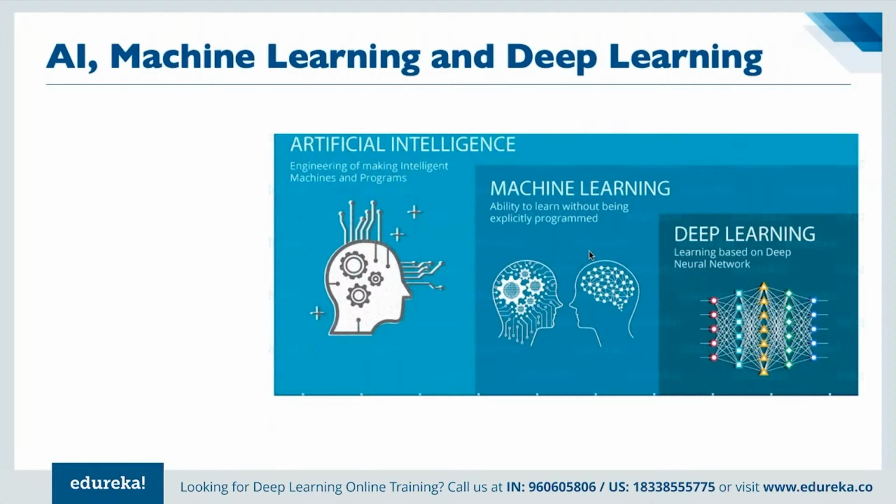And then we have deep learning. For example, if we have trained the system how to translate English into Mandarin, and also how to translate Mandarin into English, and we have trained it how to translate English into French, and also French to English, now the system can start learning on its own.